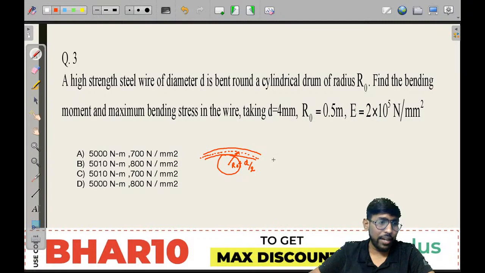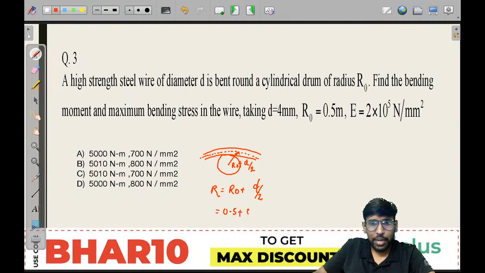So what are we going to write? The radius of the arc, R, is R naught plus D by 2. This is the radius over which the bend is going to occur. R naught is given, that is 0.5 meter. D is 4 mm, so that is 0.004 by 2.